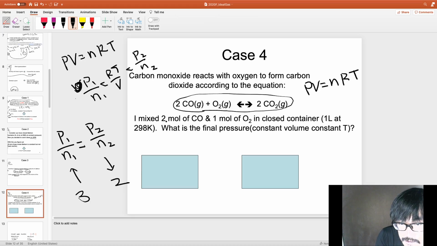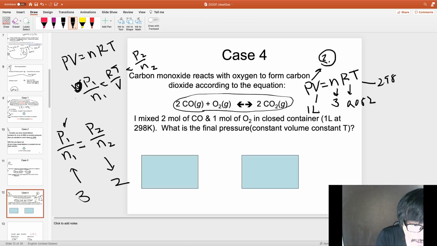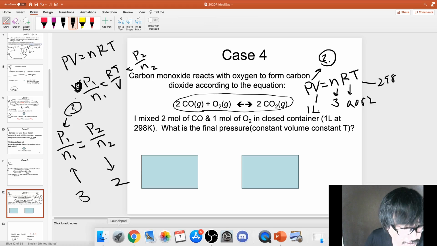So I had a mixture of 3 moles initially, R is 0.082, volume is 1 liter, and then temperature is 298. Then you can get this number right here, right? And whatever number you get, you plug that in here. And then you can get the final pressure. And I think that's good enough.